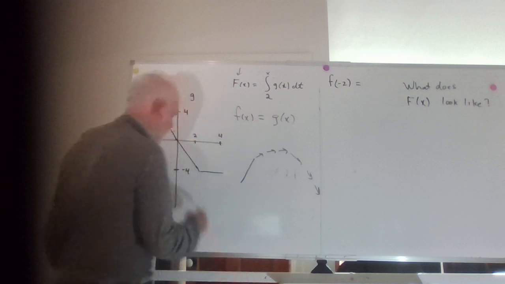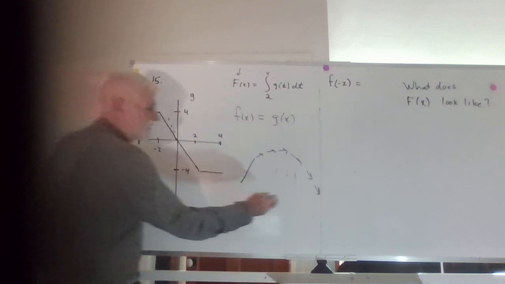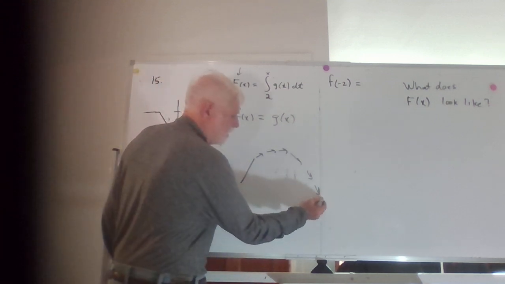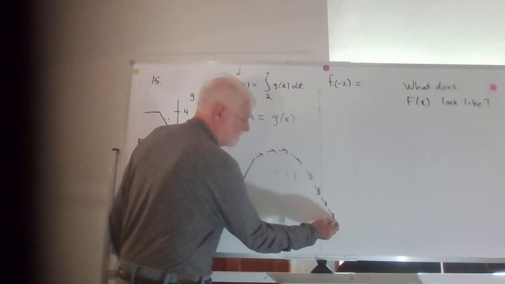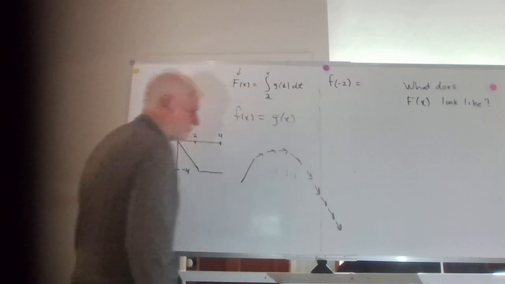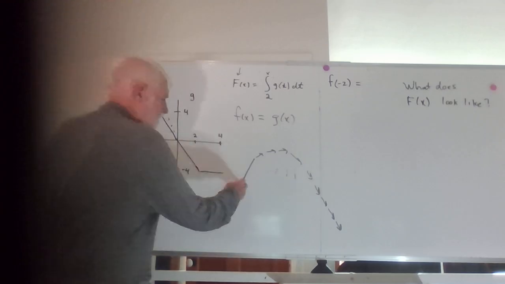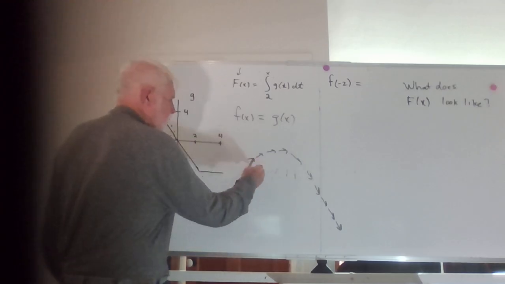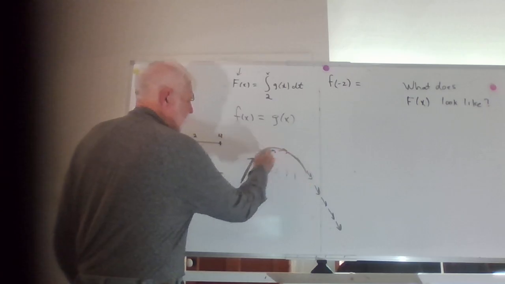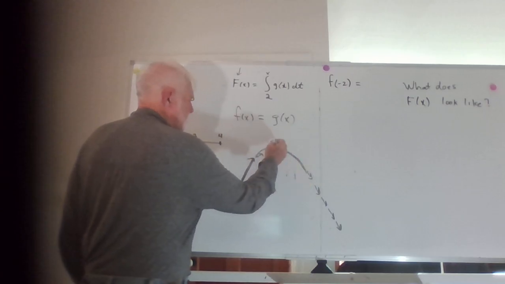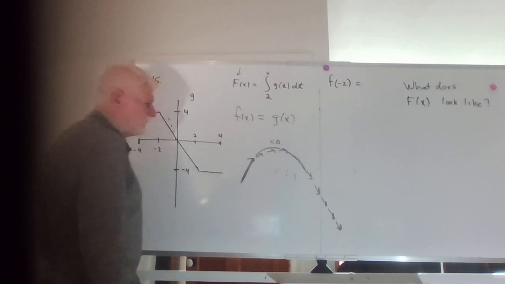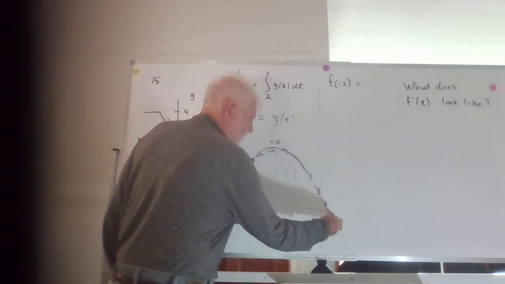Right? And then when we get to here, we have a constant rate of change of down 4 to 1 at a constant rate. Okay. So I have a constant rate of change. I have a concave down interval. And then I have another constant rate of change.